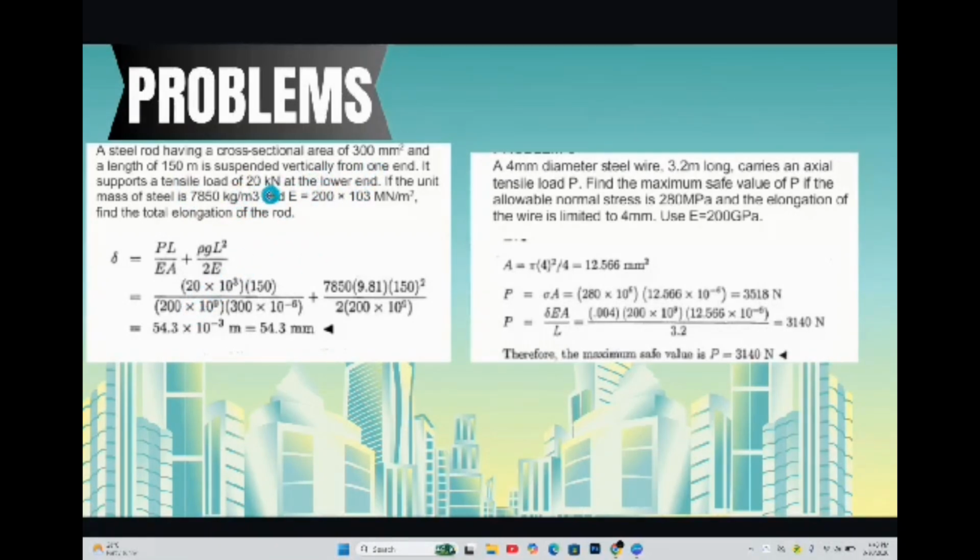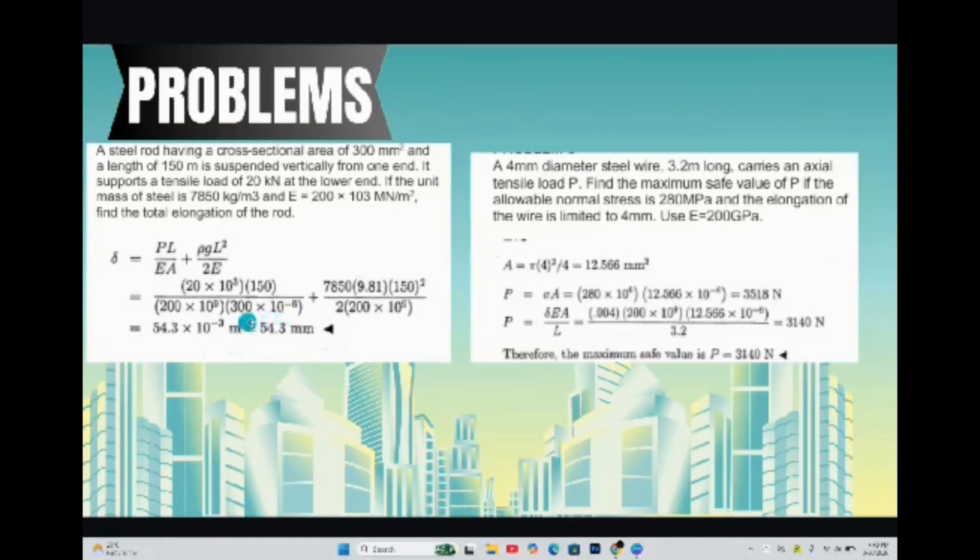So the force applied in this problem is 20 kilonewton, where k is 10 raised to 3, times the length of the material, which is 150 meters, over the Young's modulus, which is 200 times 10^3 mega, which is times 10 raised to 9, times the area, which is 300 millimeter squared. Since the area is in millimeters, we should convert this into meters.